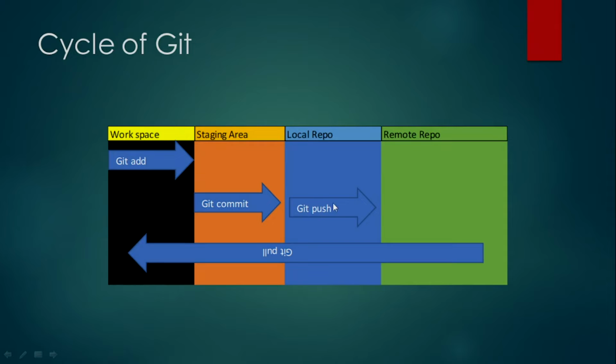And once your files are in the local repository, you have to push them to the remote repository, like Bitbucket, GitHub, and there are many others. Popularly, the most used are Bitbucket and GitHub. So when you do git push, it will go to the remote repository.